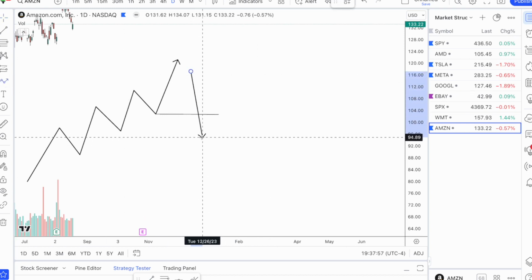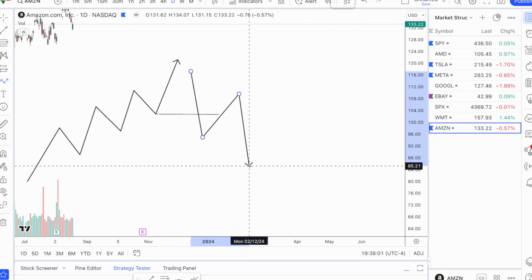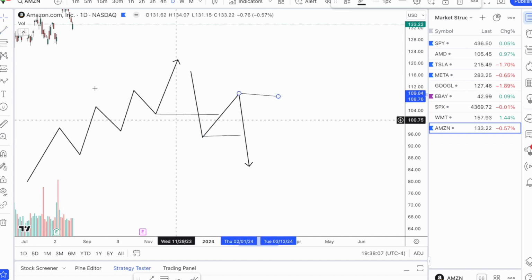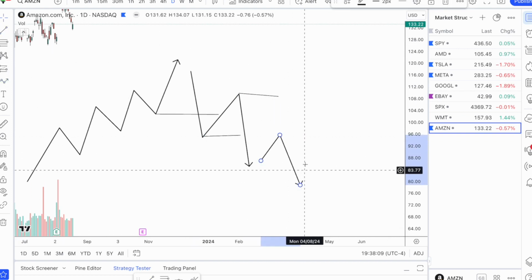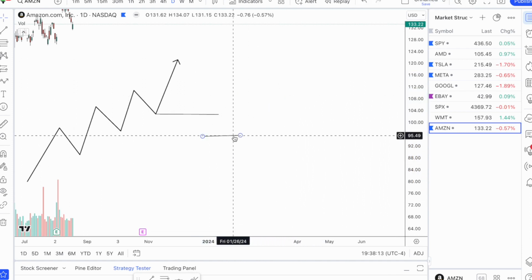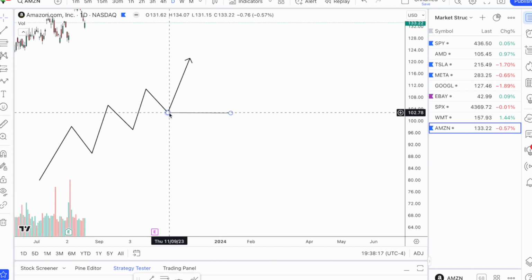So you want to see price come back down and then fail to make a new high up here, then make another low, okay? And at this point, now we're making lower lows, making lower highs, and we can continue this process. So the first sign that price is going to shift trend from an uptrend to a downtrend in this example is when we get a break of that low.